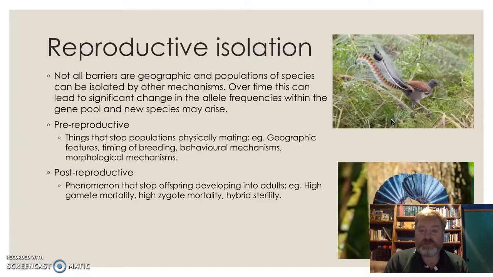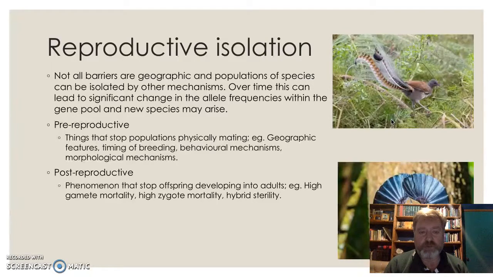It's not just geographical features in the way. You need to know what the dance is to be able to do the mating thing. It can be timing of breeding. There's a wonderful example about mosquitoes on an island, and up the mountain range they breed at different times because of the heat rising through the summer. And so the ones at the bottom of that mountain and the ones at the top of the mountain can't interbreed. They breed at the wrong time.